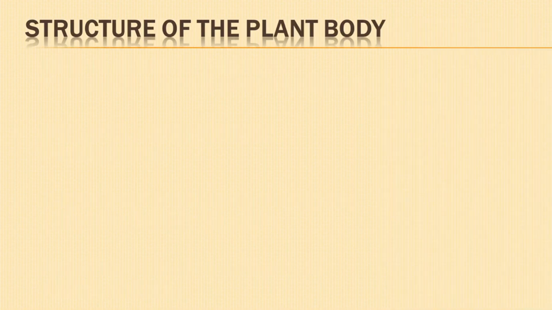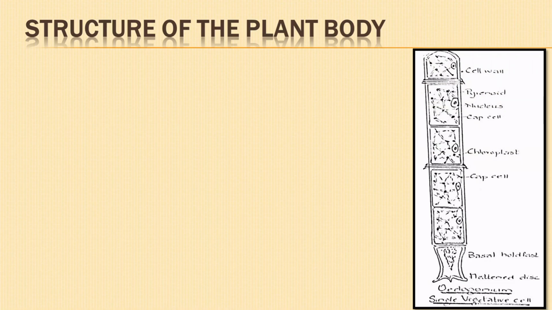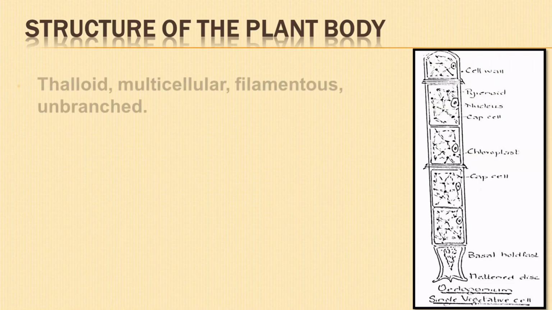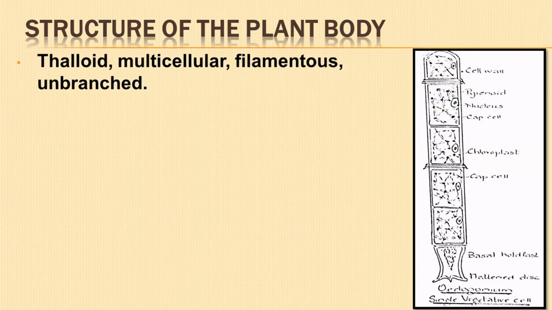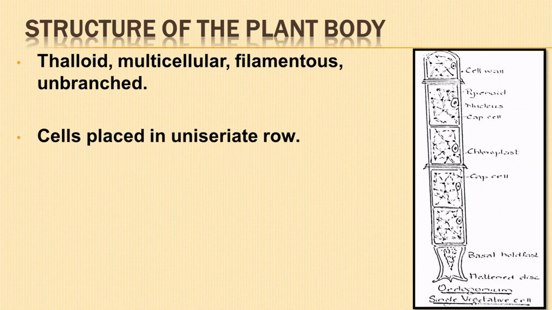Now, let us look into the structure of the plant body or thallus. The plant body is a thalloid, green, multicellular, filamentous, unbranched structure. The cells of a filament are placed one above the other in uniseriate row.